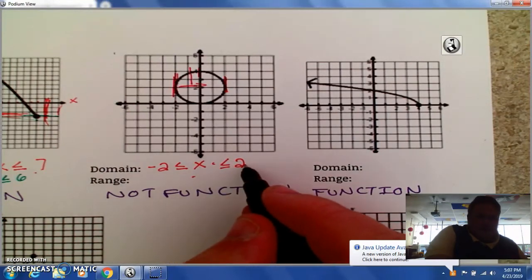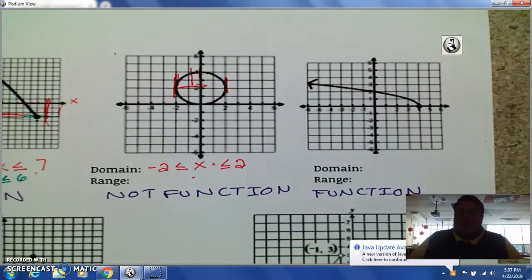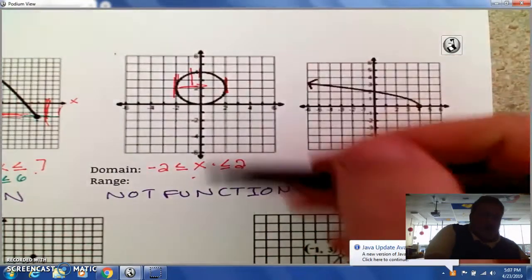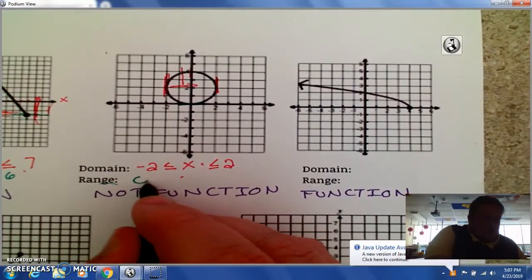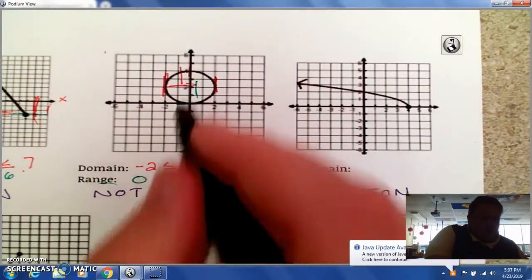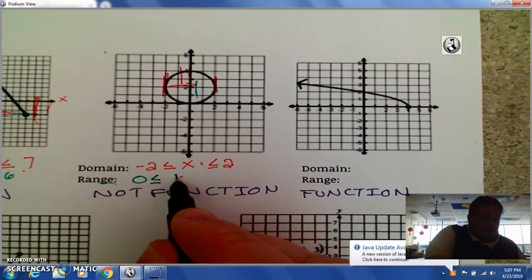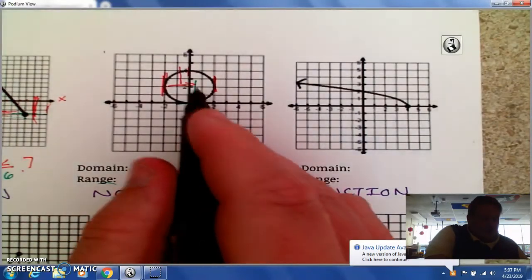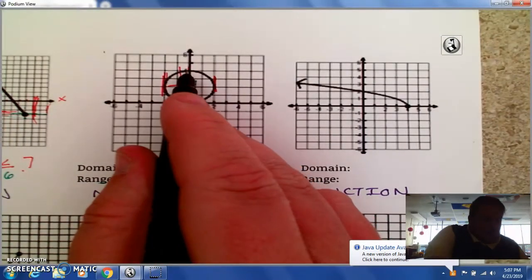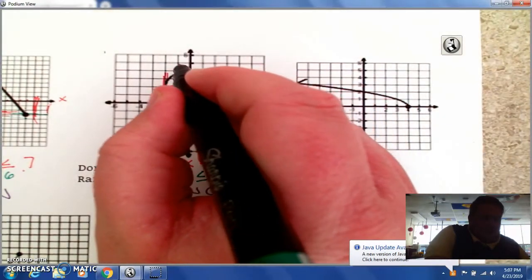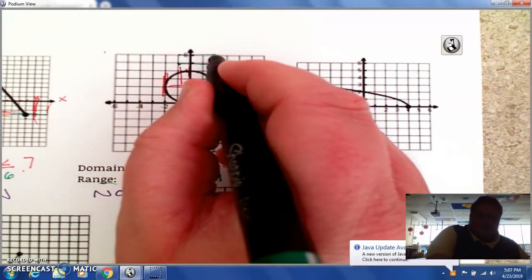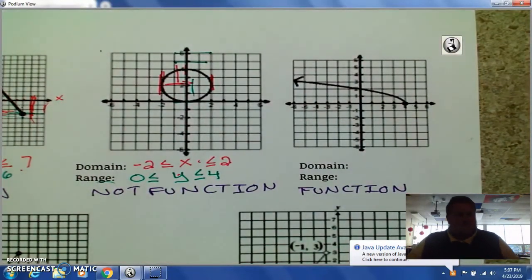So it's less than or equal to 2. For our range, up and down, y-axis, because range is y, starts at 0. And anything above 0 so far, it could include, and then it goes up to 1, 2, 3, 4, but it's less than or equal to 4. You don't see the shape touching the 5 line or the 6 line. Okay.